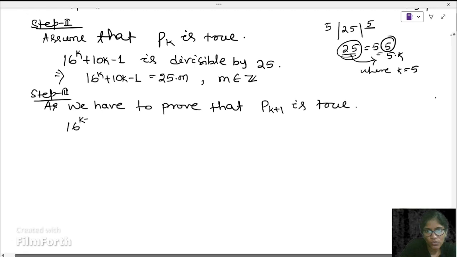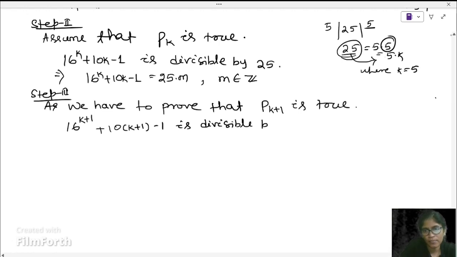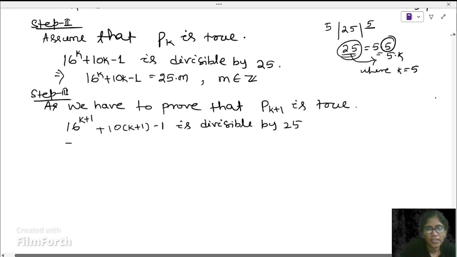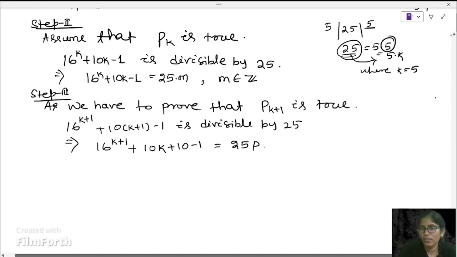That means 16 to the power k plus 1 plus 10 into k plus 1 minus 1 is divisible by 25. So we have to prove 16 to the power k plus 1 plus 10k plus 10 minus 1 is a multiple of 25, that means 25 into p, where p belongs to Z.